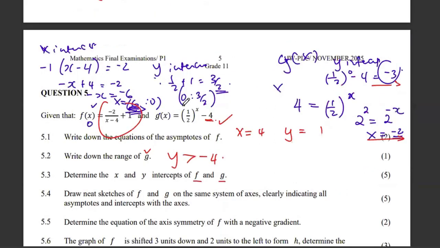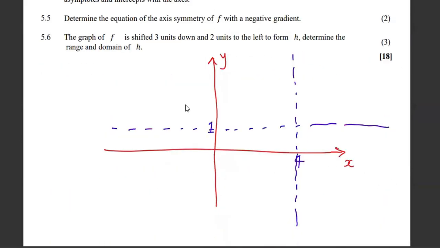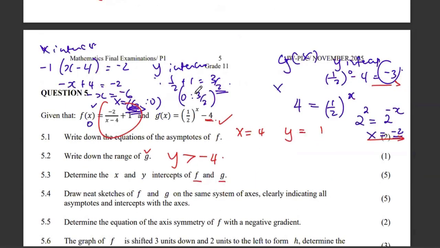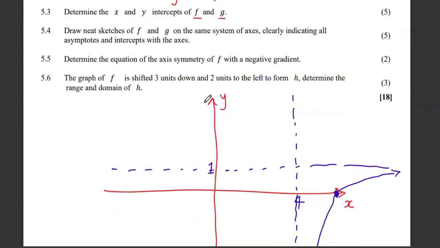The intercepts, we have (6, 0), which can be somewhere here, meaning that you're going to sketch something of that nature. And then the other one is (0, 3/2). 3/2 is like 1.5, which can be somewhere there. And then we sketch our f.